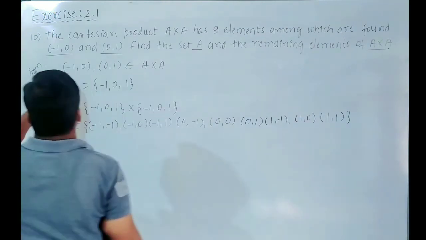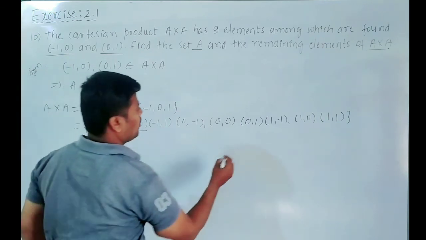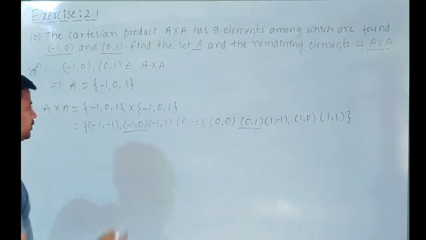Already they have given (-1, 0) and (0, 1), so leave those elements.